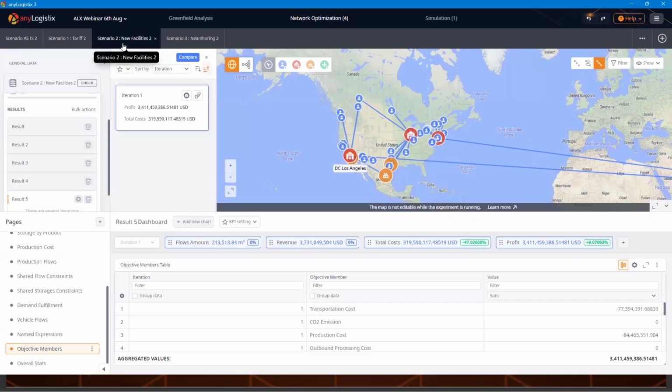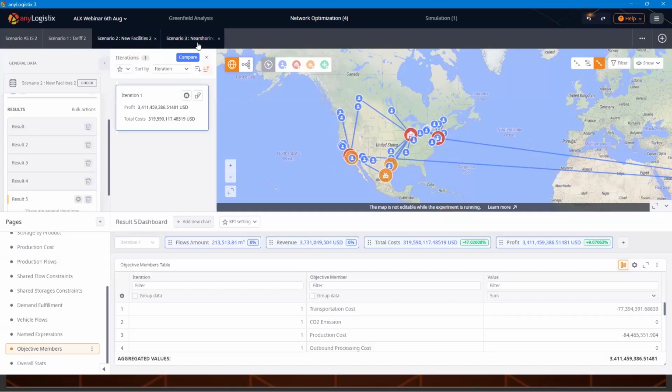So for this, we created one more scenario, and we just wanted to see the impact. Obviously, when we produce everything in the USA, we don't see the tariff between factory and DC, but we do have some customers in Canada, so we will see that.